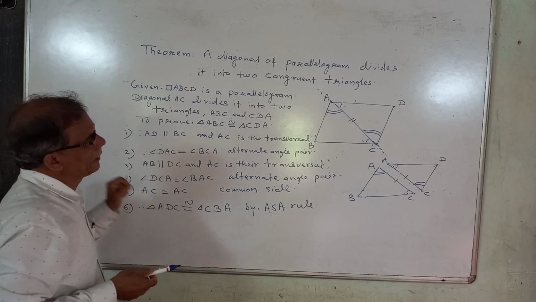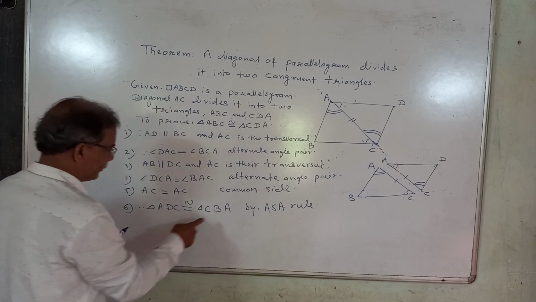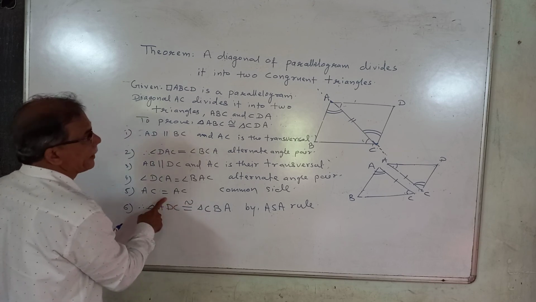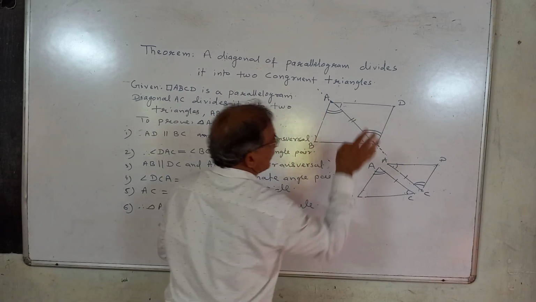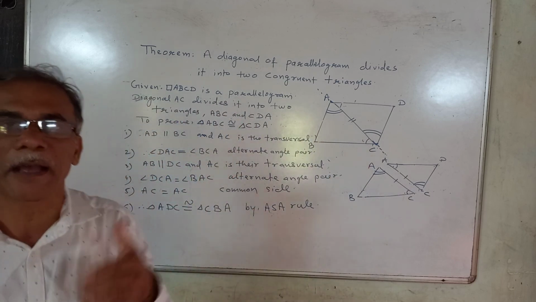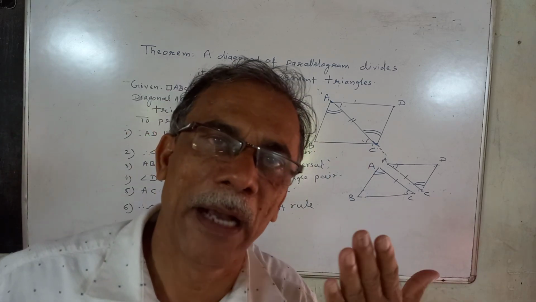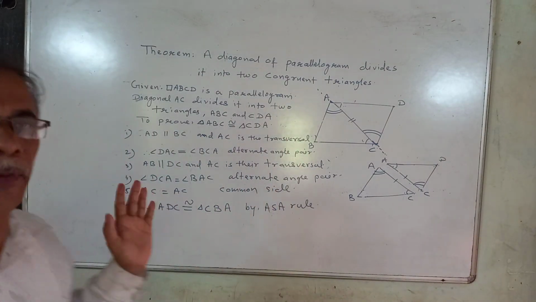Even you can write, for this AB, the corresponding side is CD. See here, AB, CD, this and this, they are corresponding. They are also equal. That means opposite sides of a parallelogram are also equal. That we can prove here.